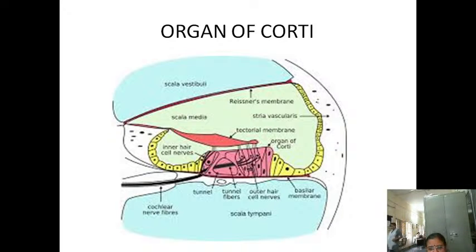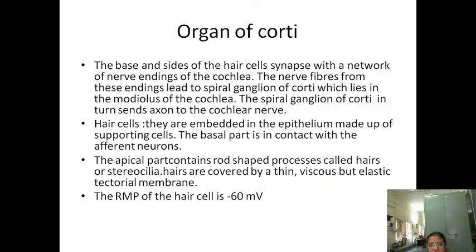Then stria vascularis is present in the bone, where they will secrete the endolymph, and you can see Reissner's membrane, scala media, scala vestibuli, and from the hair cells, pink one, you can see black fiber is coming. It is called cochlear nerve fiber. Okay, now we will go to organ of Corti.